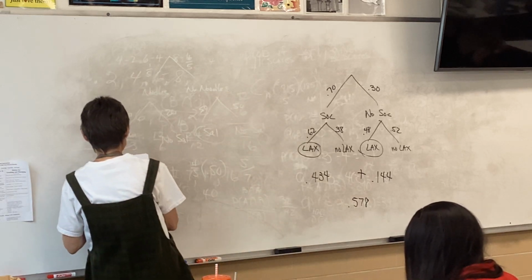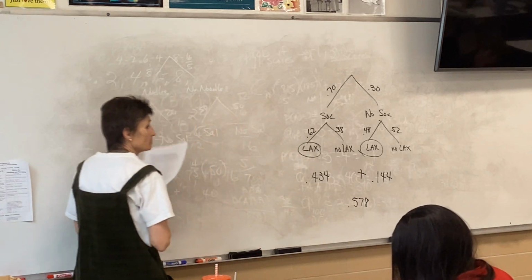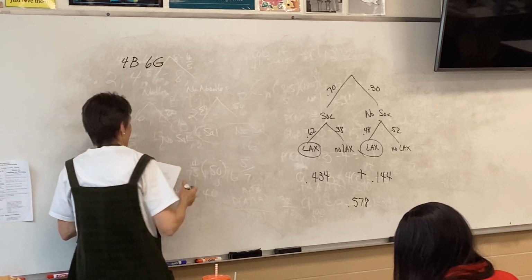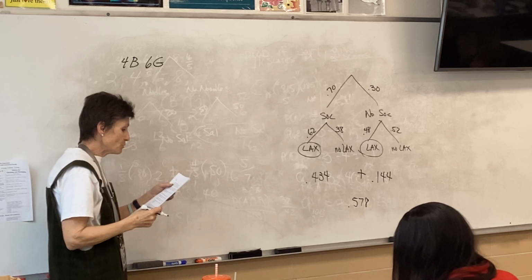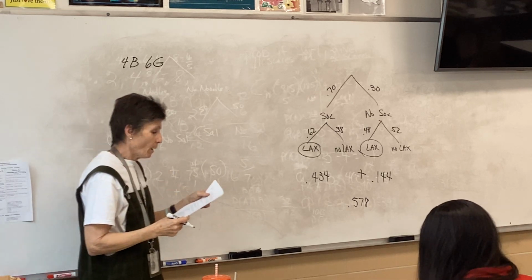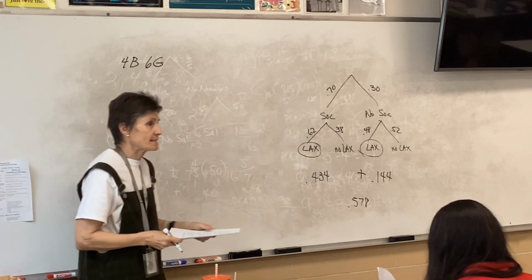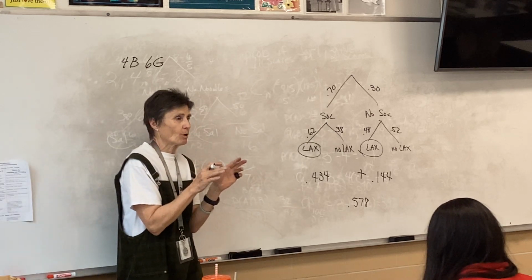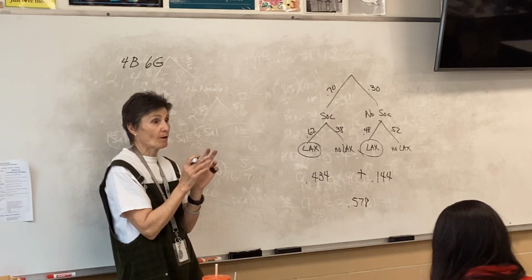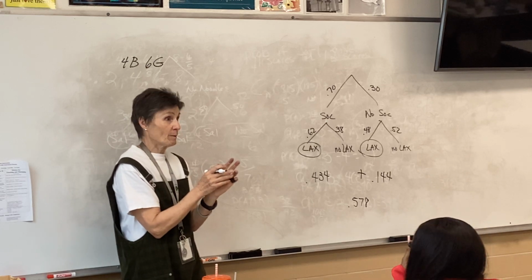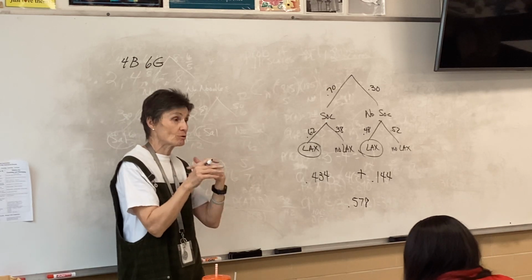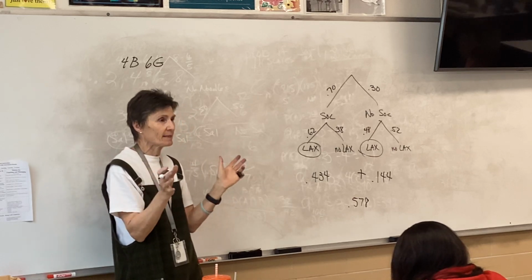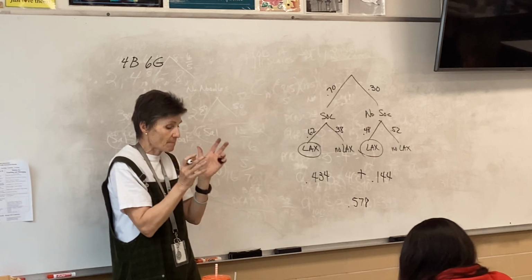There are 4 boys and 6 girls in the group. If I choose 4 students, what is the probability that I'll get exactly 1 boy? Now, the day before yesterday, we did a whole bunch of card problems where we asked what's the probability if I choose 4 cards of getting 2 jacks and 2 tens or something like that? This is the exact same problem.